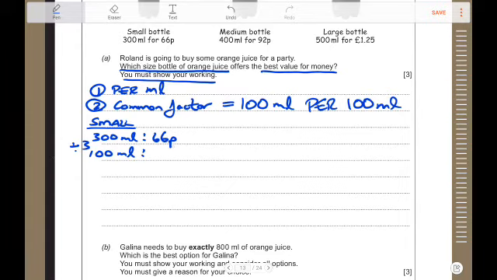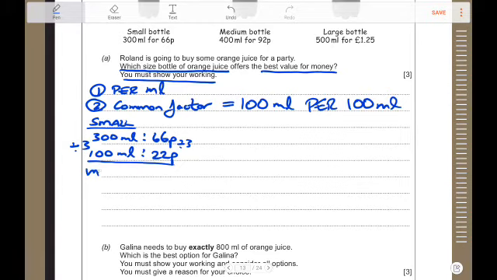If I divide that by 3, I divide that by 3, just like with fractions: if we simplify a fraction, we divide the numerator and the denominator by the same number. 66 divided by 3 is much easier than dividing by 300. That's a nice 22 pence. So 100 millilitres costs 22 pence for the small bottle.